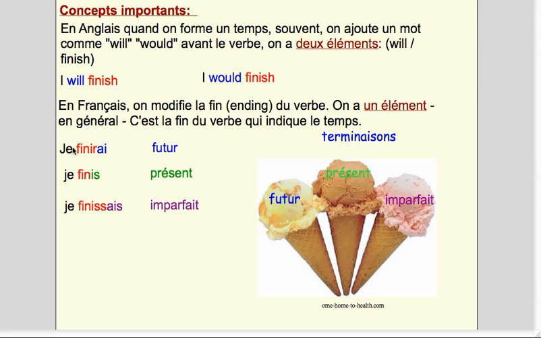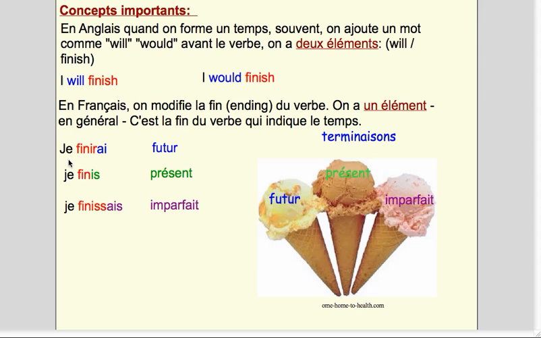Why? Because the French verb is your main guy, your main attraction, and as opposed to putting something before, you actually plug something to the verb at the end, which tells you what tense you're talking about. So for example, here are three different tenses of the verb finir.